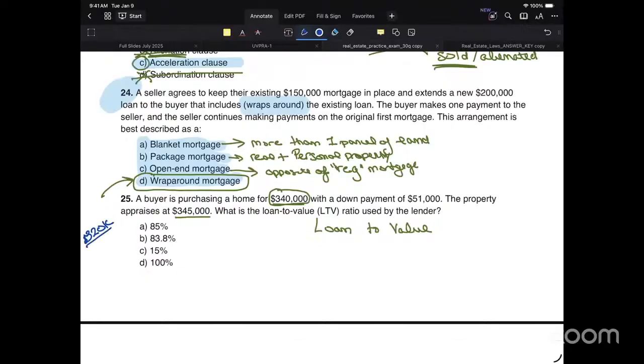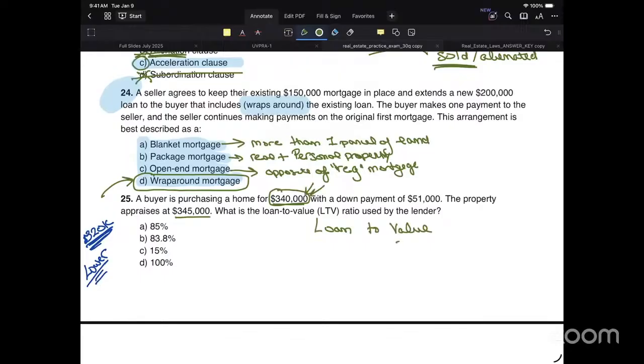If that was the case, we'd use $320,000, not $340,000. You always go for the lower of these numbers if you've got conflicting information between the purchase price and the appraisal. But in this case, it tells us it appraised for more, so our lower number is this $340,000.